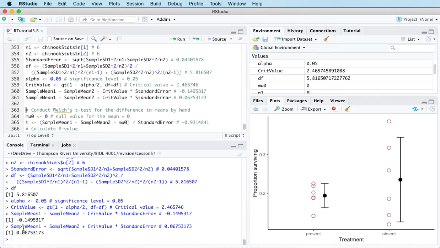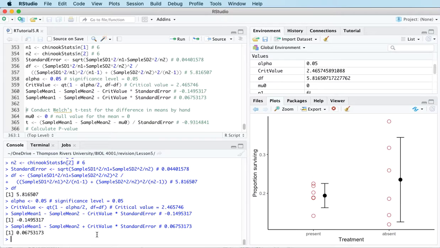Okay, so we're 95% confident that the difference in the population means is from minus 0.15 up to 0.07.